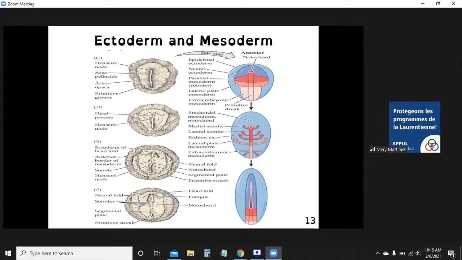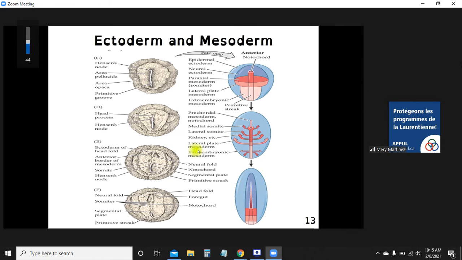So we have the Hensen's node with the pit, and then we're going to have the FEB as cells are going in. Those from the middle of the streak form the intermediate mesoderm and the lateral plate mesoderm. So we see it more or less in this section here.